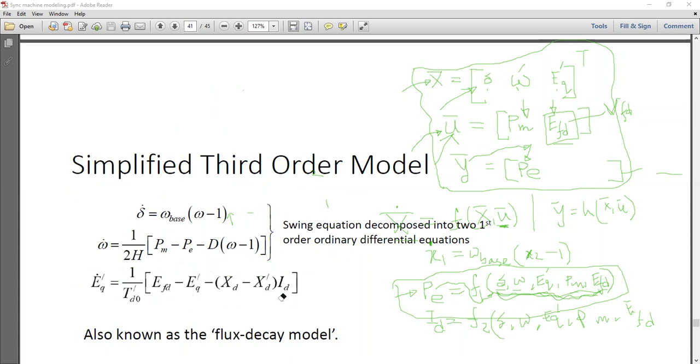We have to pay further attention to two of the variables which are here. One is the real power output from the synchronous machine. Another one is the d-axis current component of the generator output current. What is ID? It is nothing but the d-axis component of the generator current.